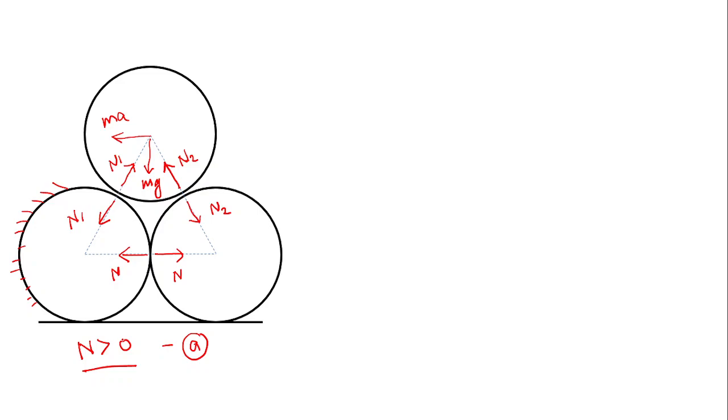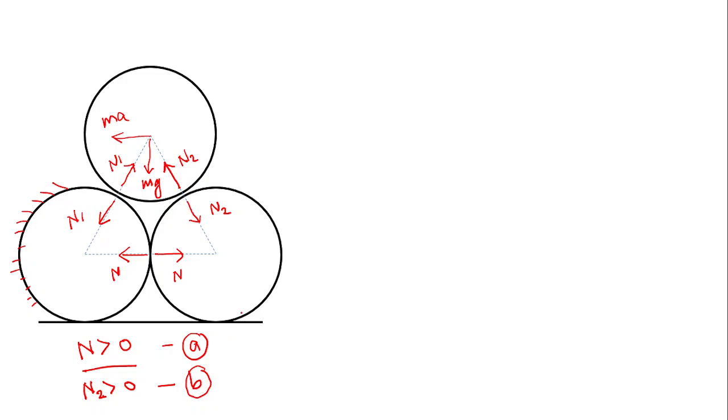This is our first condition. Second condition, you see along this surface, we have already seen that if force is very high, then the contact was breaking along this surface. So here also we want n2 should never be 0. n2 should always be greater than 0. So we can write n2 should be greater than 0. These two conditions we need to always fulfill.